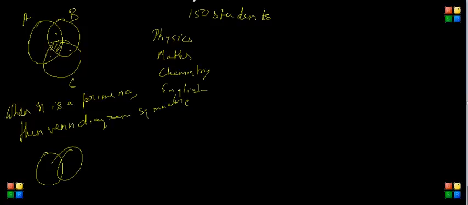All 150 students appear for the exam in all 4 subjects, and the number of students passing in physics is 135, in maths is 125, in chemistry is 110, and in English is 100.